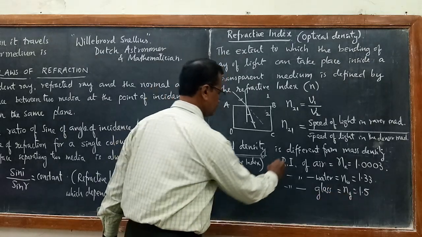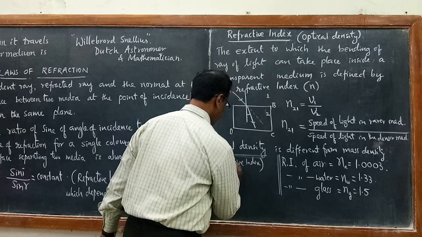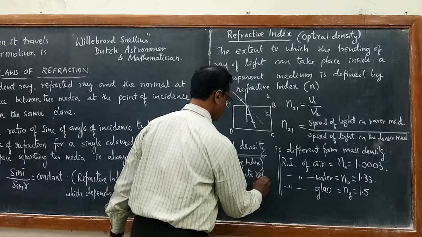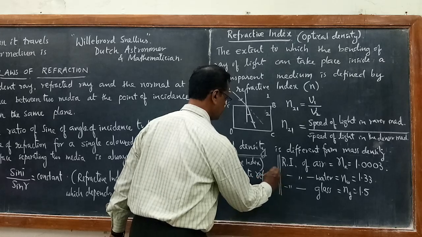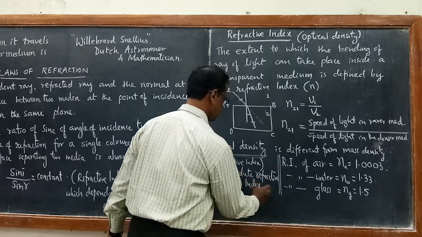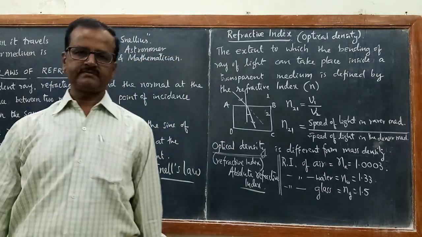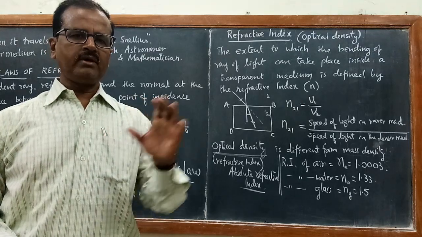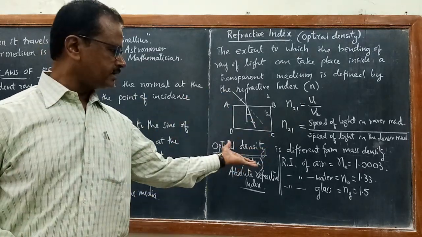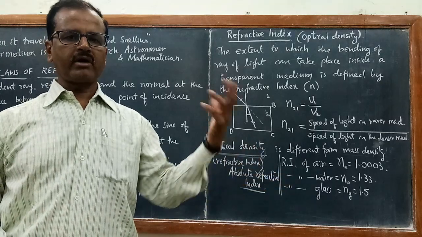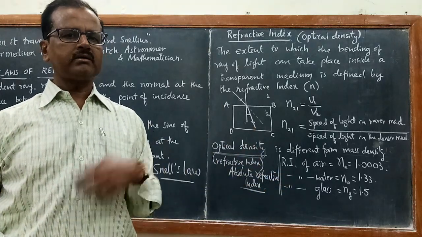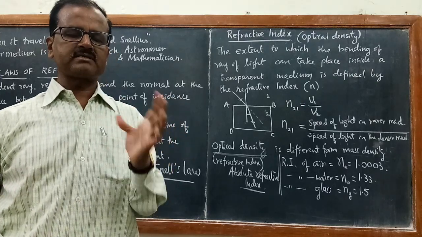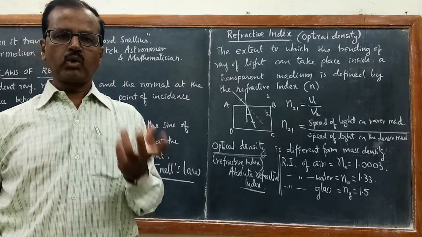And these values which I am writing, these are actually called absolute refractive index. Remember, absolute refractive index. Then the question arises, what do you mean by absolute refractive index? Absolute refractive index is the refractive index of a particular denser medium like water, glass, kerosene or any other oil, turpentine, or even different types of glasses like crown glass, flint glass, ruby, diamond.